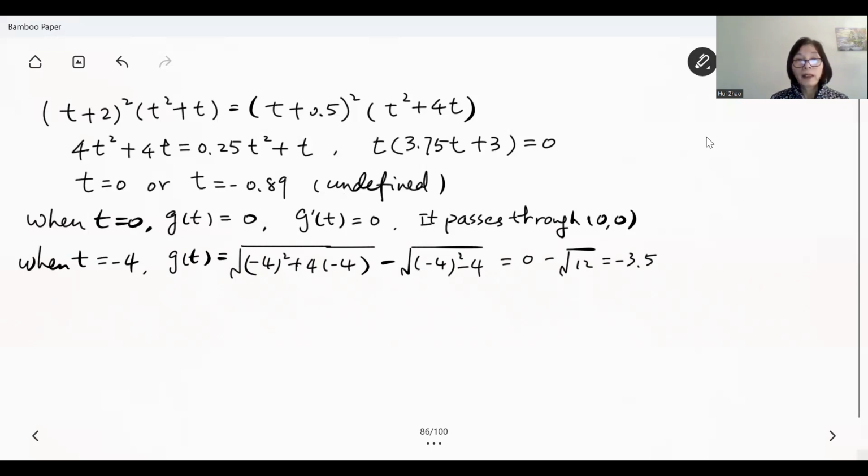Then we find the limit. Okay, we find the limit when x approaches negative infinity.